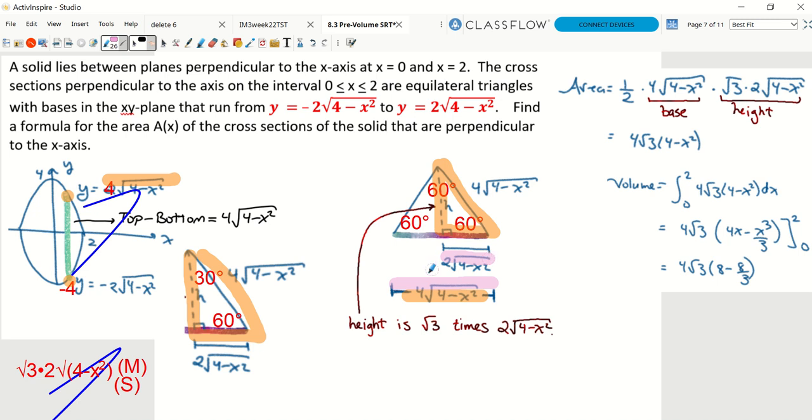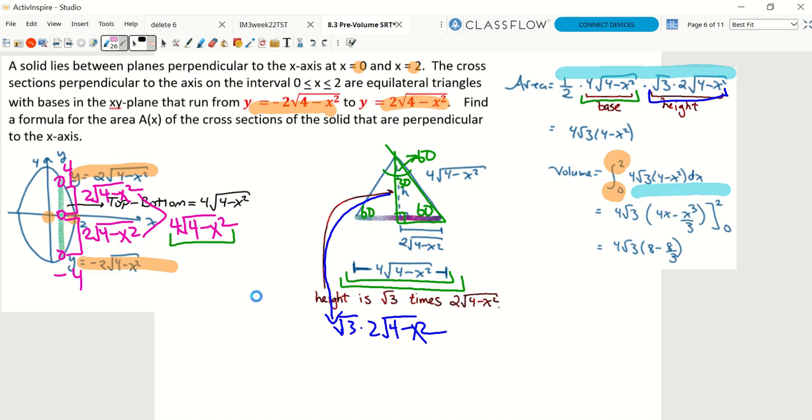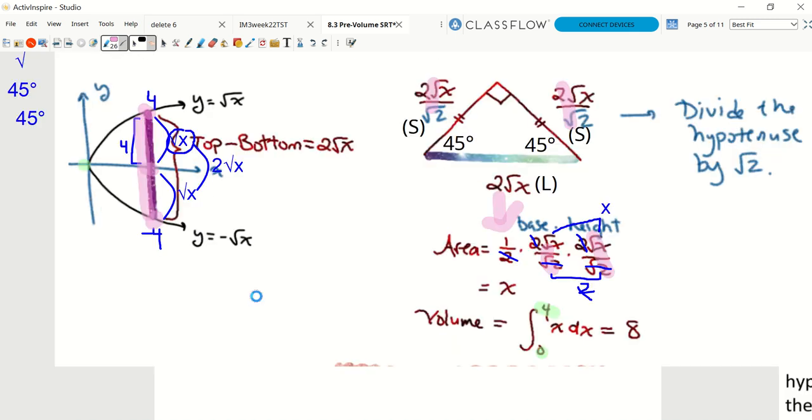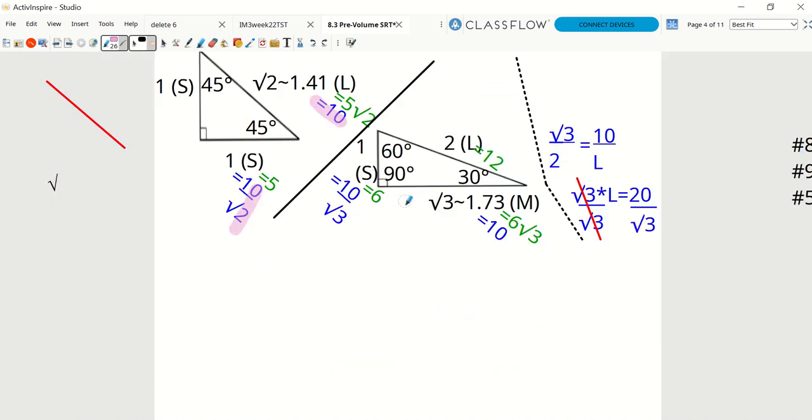Because a 4 divided by 2 gives you 2. Are we good? Okay. Now, I told you earlier, if we have the small side over here, of 6, how do you get the medium side? What do you do to get to the medium side?